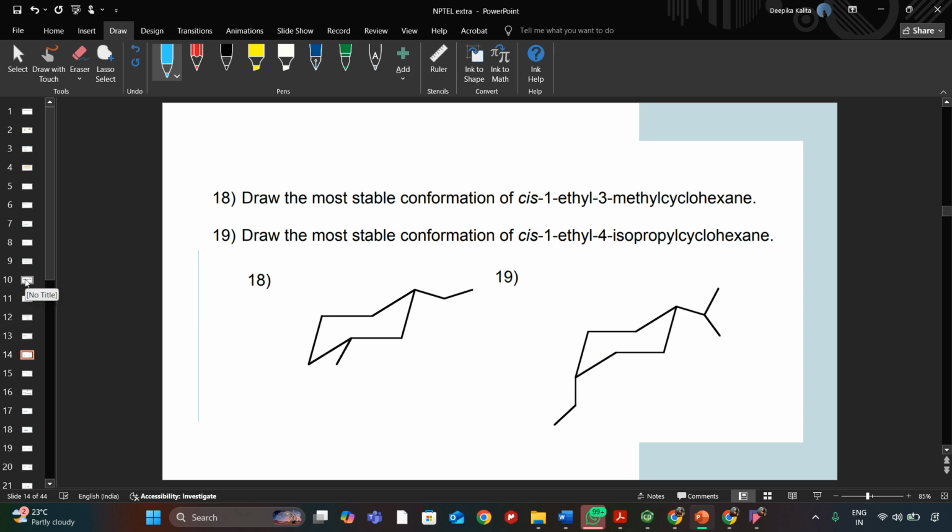Now let us move to the questions where you have to draw the most stable conformations of the mentioned compounds.